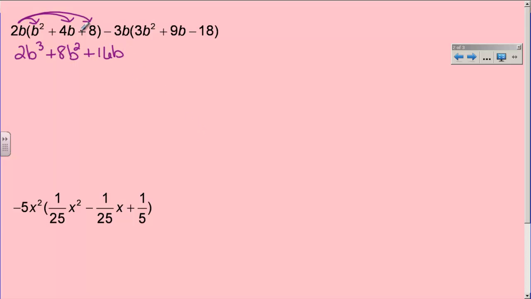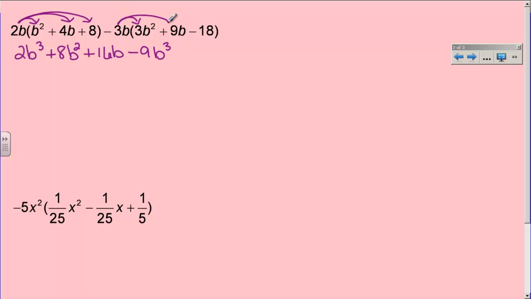So this has been distributed. We are now done. This is the second half of the problem. When I distribute here, I'm going to have to distribute a negative 3b through so I can take care of this minus sign. So I have negative 3b times positive 3b squared gives me a negative 9b to the third.